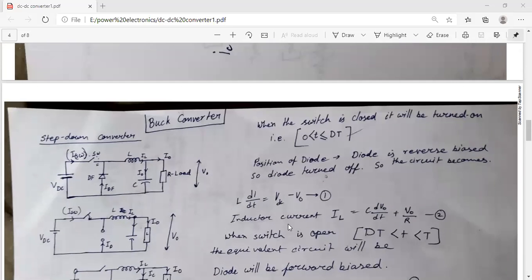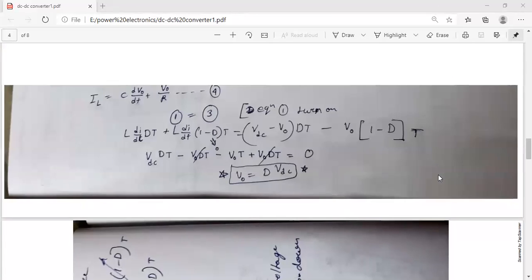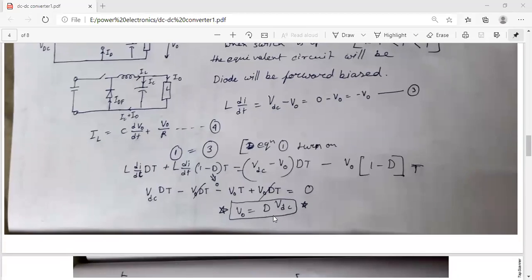So up to this, if anybody has any query, you can ask. So this is for output voltage.